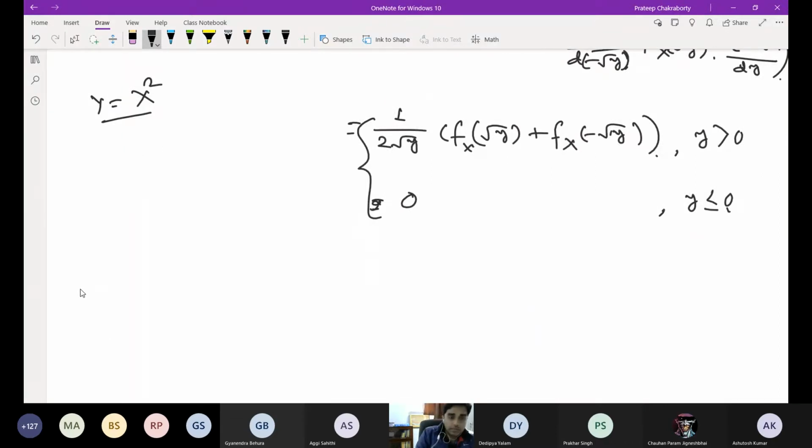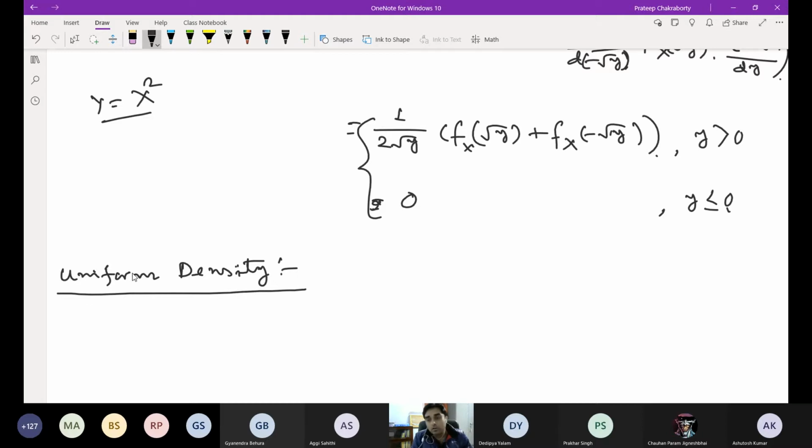So now one particular type of density function or distribution function we will introduce. These are some of the density functions or distribution functions we are giving as examples while we study density, distribution, and so on.